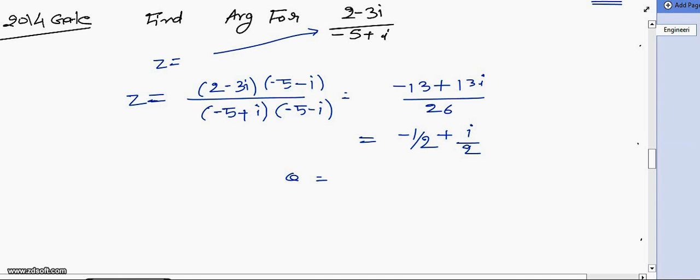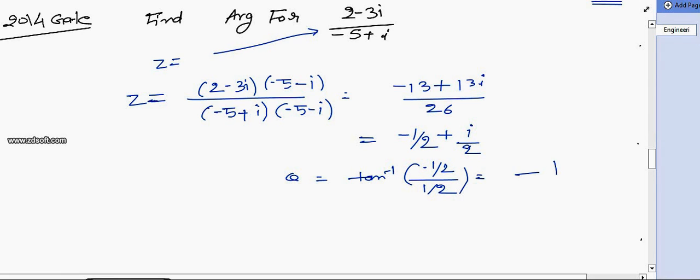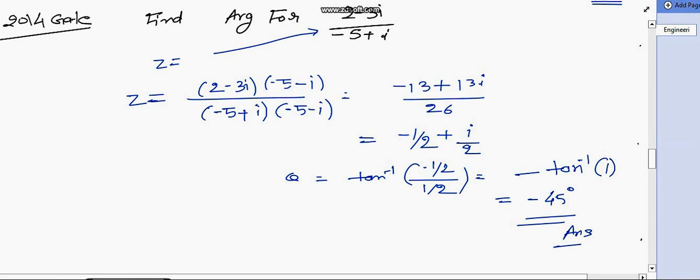So theta is equal to tan inverse of minus 1 by 2 divided by 1 by 2, which is equal to minus tan inverse of 1, which is equal to minus 45 degrees. So this is the answer.